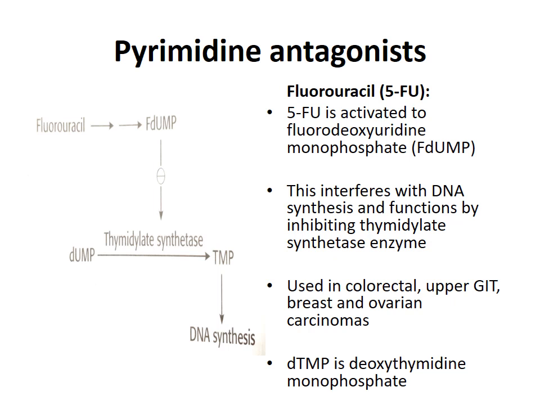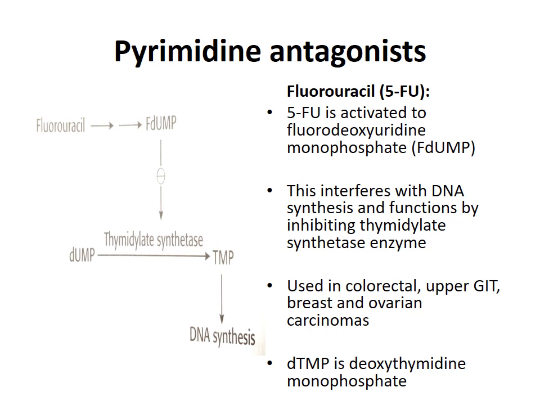Pyrimidine antagonist, 5-fluorouracil. It gets converted to FdUMP, that is fluorodeoxyuridine monophosphate. Now this interferes with DNA synthesis by inhibiting the enzyme thymidylate synthase.